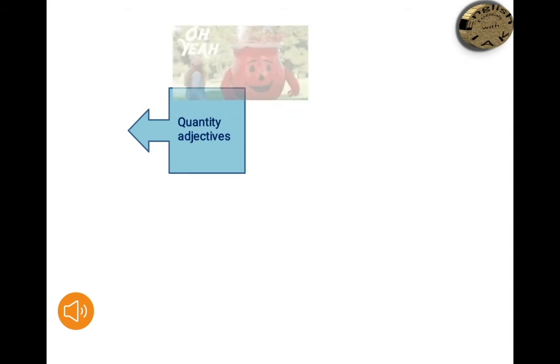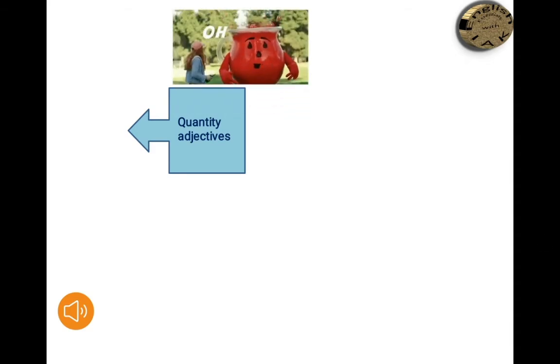Our next slide is about quantity adjectives, taste adjectives, and touch adjectives.